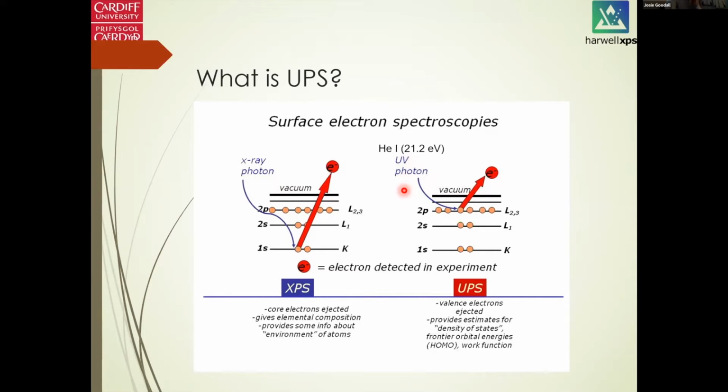Because of the low energy, we can only eject the electrons from the valence area and get the information from them. And this will provide some estimates of the density of the states of the material structure and also help us calculate some work function.